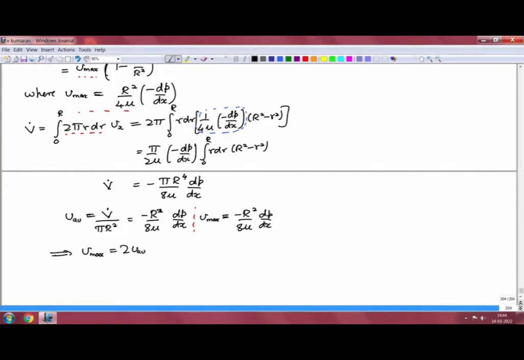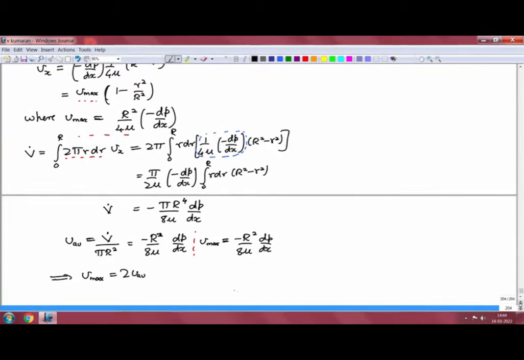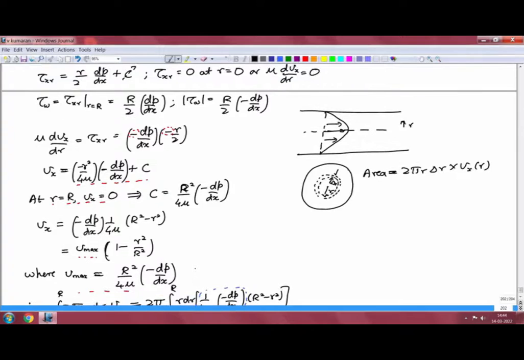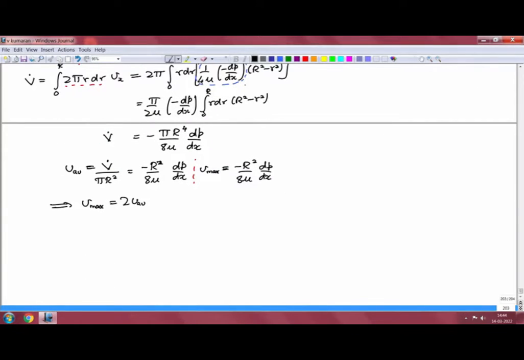And we had also got an expression for the wall shear stress here. The wall shear stress, tau w, is equal to minus r by 2 dp by dx.